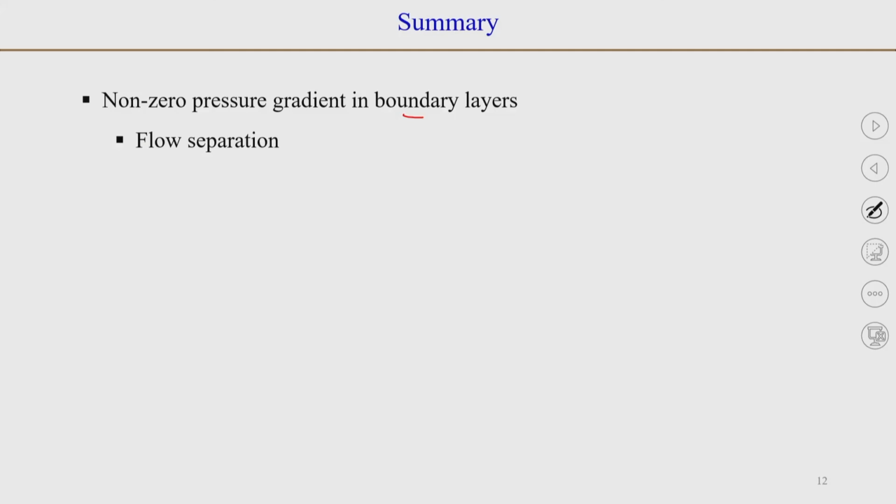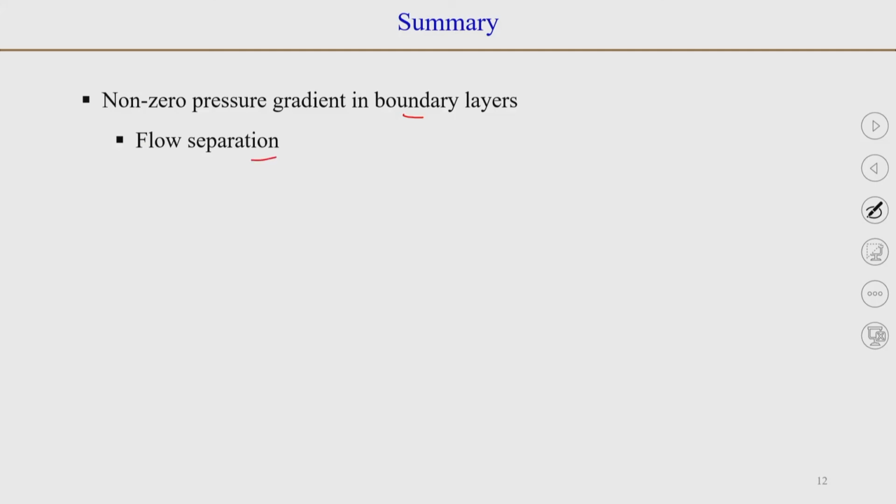Okay. So, let us summarize. What we have looked into today is, we talked about what happens when there are non-zero pressure gradients in boundary layers, and then we saw that if it is an adverse pressure gradient, then it may result in flow separation.